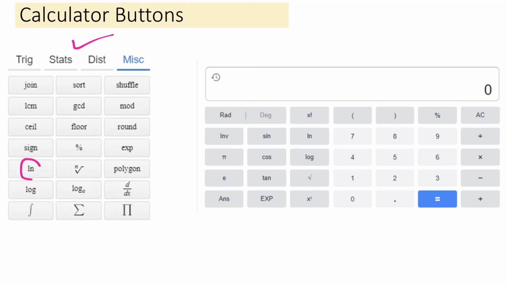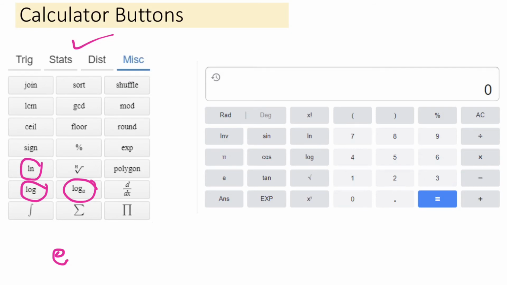It has ln, it has log base 10, and it has log base any base. If you want to get an e on this calculator, you've got to actually use the alphanumeric part of it, where you've got the alphabet showing, and actually use the e.